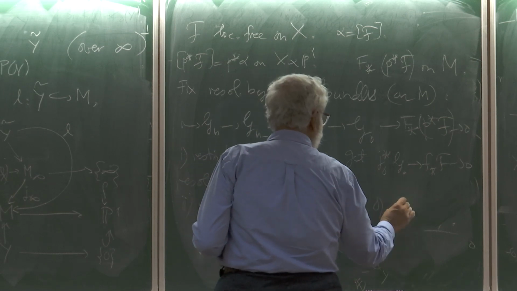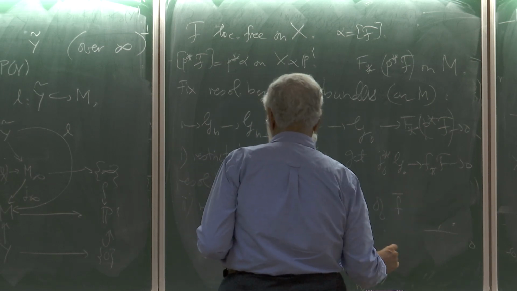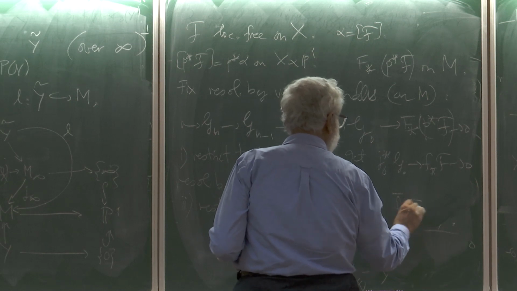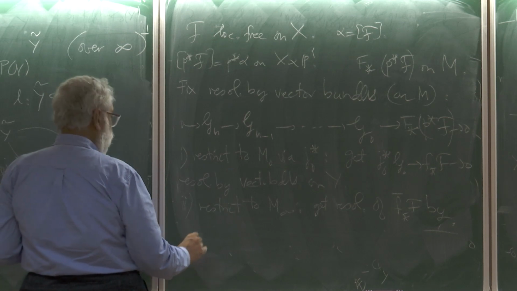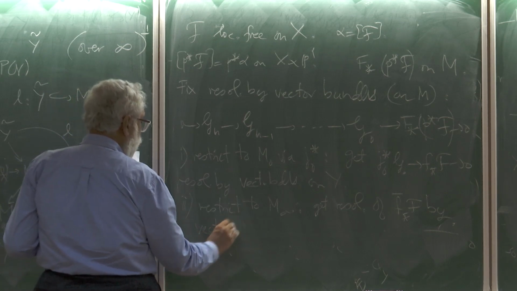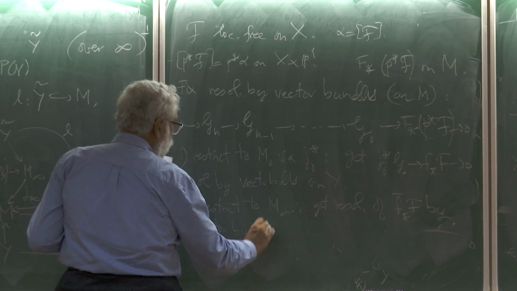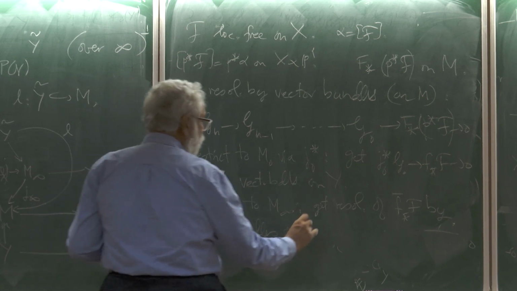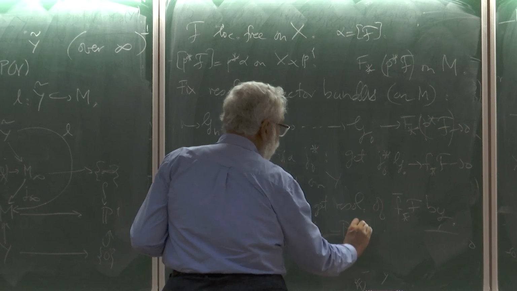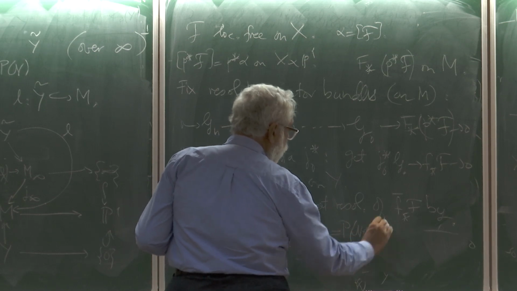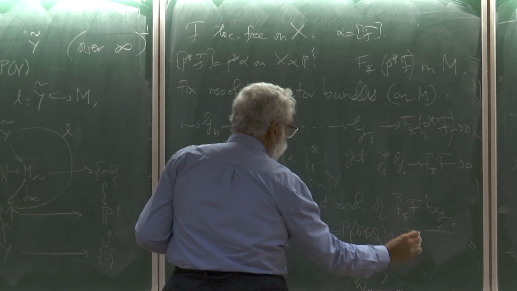of F bar lower star F by vector bundles on M infinity, which remember was the union of P of n plus O_X and Y tilde.